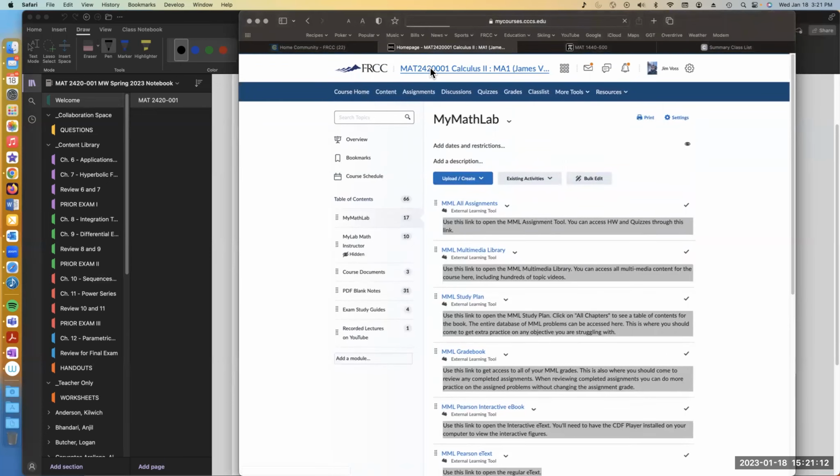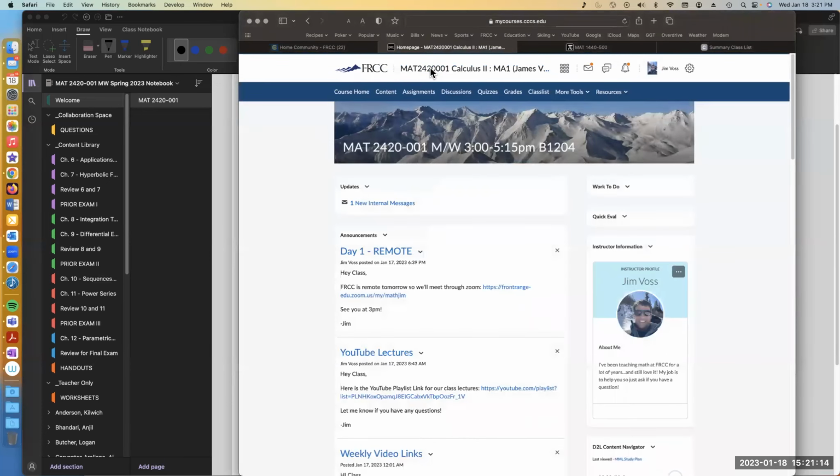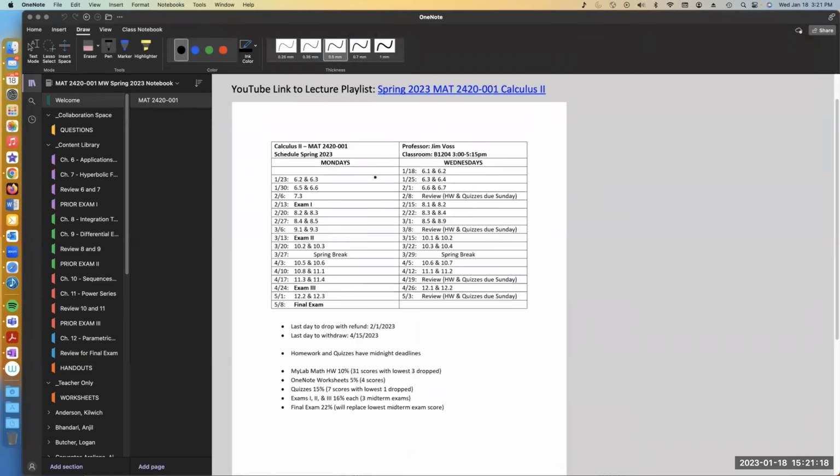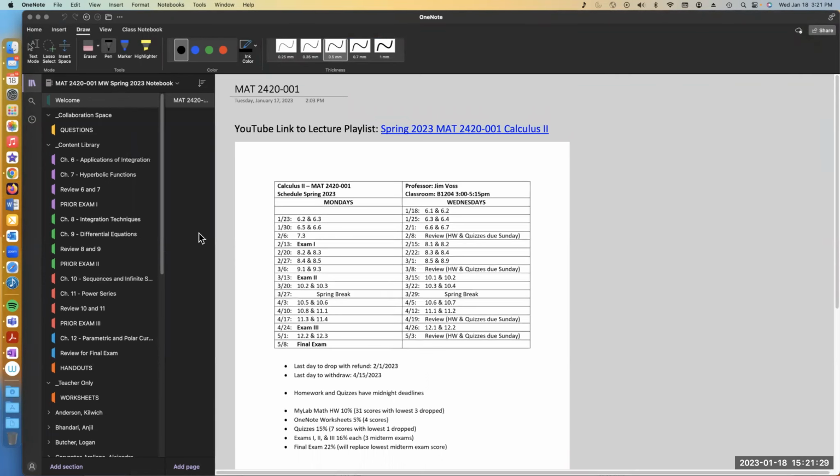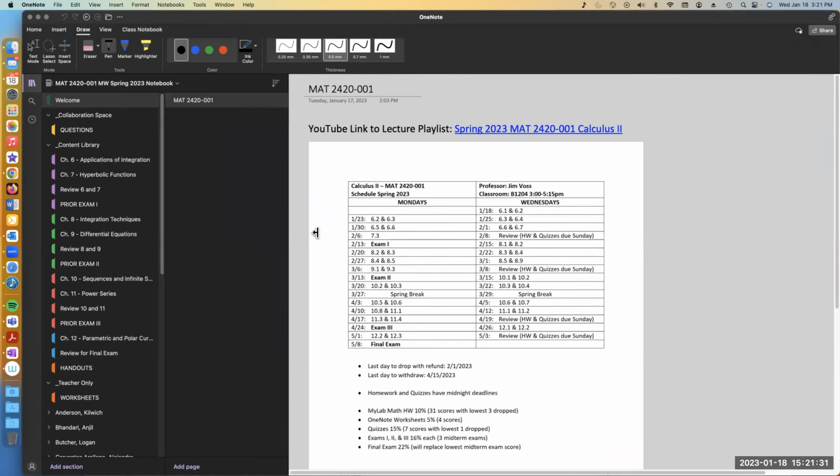Let's go back over to OneNote, and let me show you the features in our class notebook. The coolest feature of OneNote is that everything is open all the time.